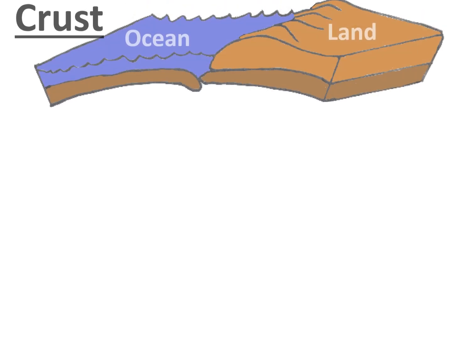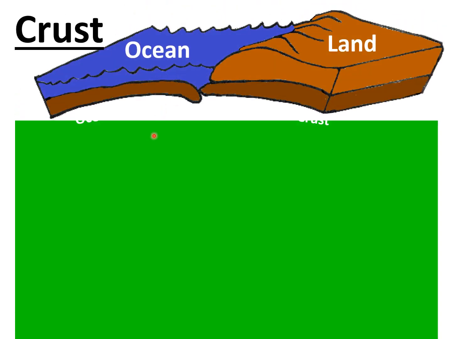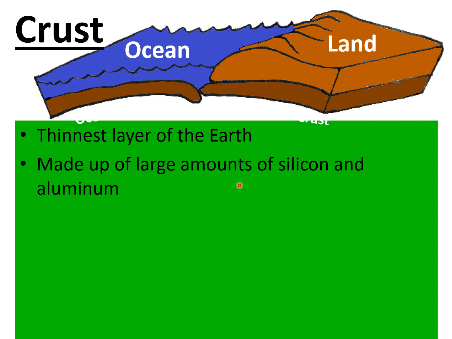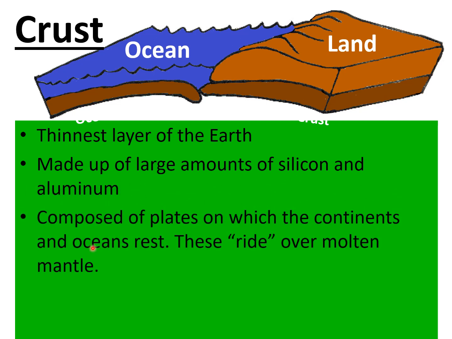Going back to our previous picture, here we have your ocean and your land. Your crust is considered to be the thinnest layer of the earth, and it's made up of silicon and aluminum as well. Here you have your plates, on which the continents and oceans rest.